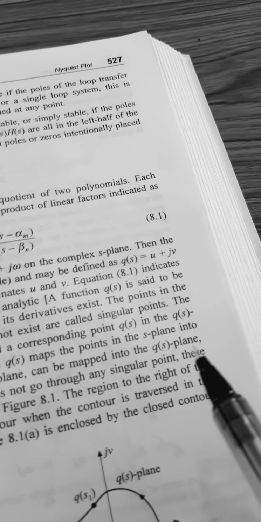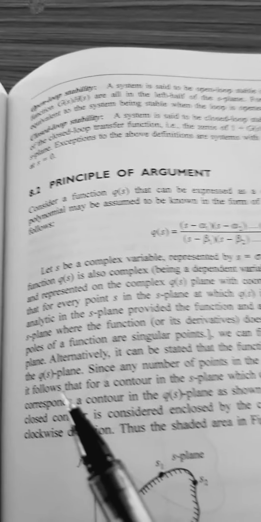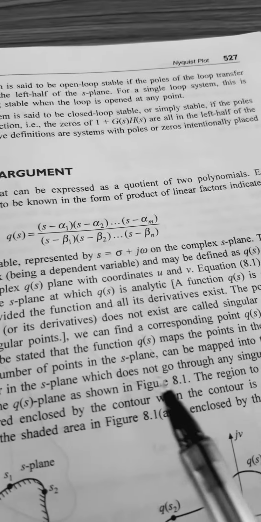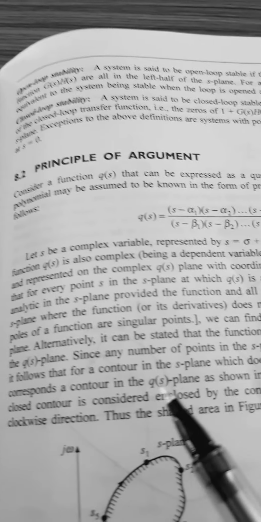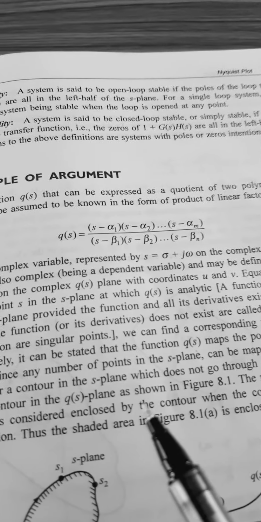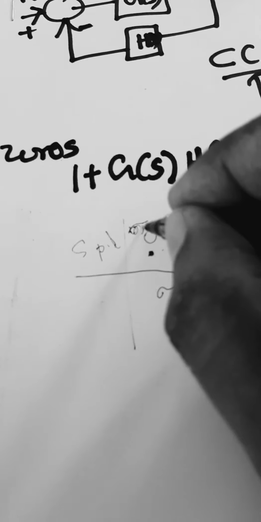Since any number of points in the S plane can be mapped into the QS plane, it follows that for a contour in the S plane which does not go through any singular point, there corresponds a contour in the QS plane.